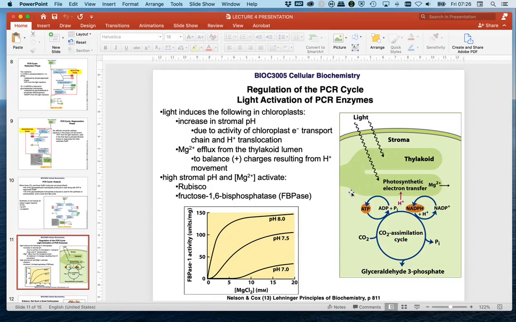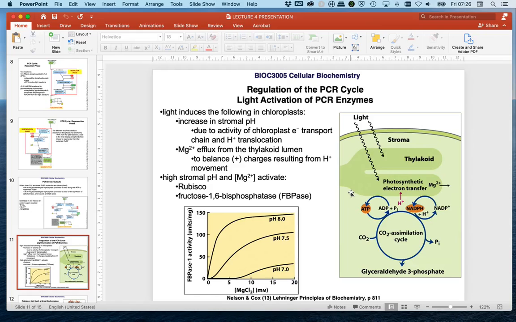Now, to balance the protons going into the thylakoids, magnesium ions are transported out of the thylakoid lumen, so across the thylakoid membrane into the stroma. And that's to balance the charges across the thylakoid membrane.